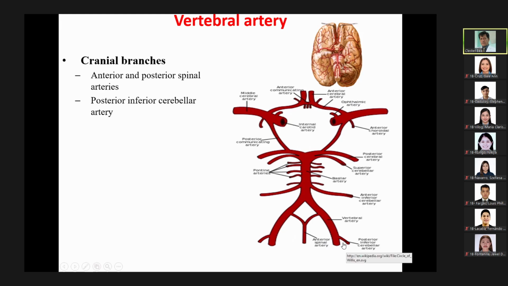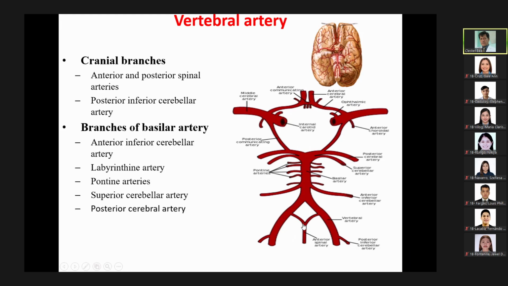Now, when the two vertebral arteries unite to form the basilar artery, which is lodged in the basilar groove of your pons, at about the lower border of the pons, from the basilar artery will come your AICA, the counterpart of your PICA from the vertebral artery. Your anterior inferior cerebellar artery will come from the basilar.